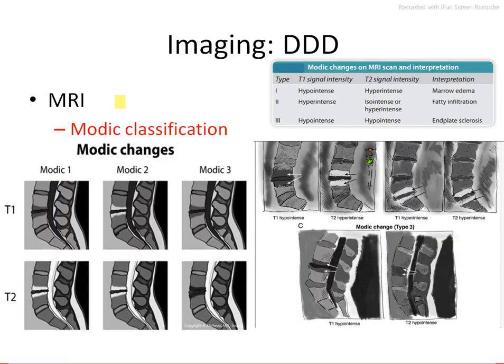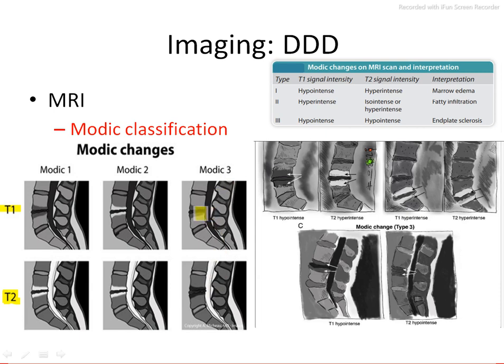While doing MRI, there are Modic changes, or the Modic classification. In T1 and T2, you find different things. I use a mnemonic to remember it. One thing you keep in mind is that in Modic type 3, in both T1 and T2, there is hypointensity. Hypointensity means dark.